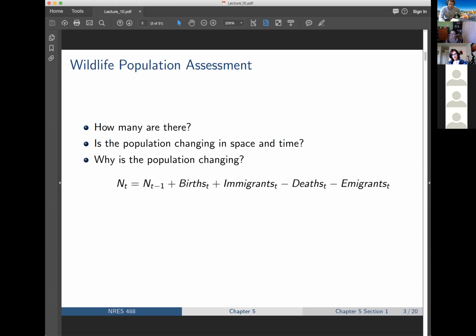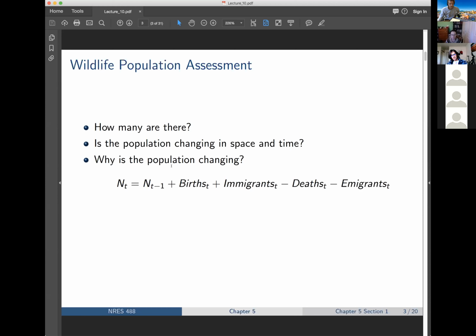Why is the population changing? It's another huge question, because if we know why it's changing, and if it's changing for the worse, we can try and do something about that. And this brings us back to our basic model of population dynamics, where we have our BIDE model, where our population at time t equals the population at time t minus 1, plus however many new recruits are added to the population, plus how many animals come from somewhere else, subtracting off how many animals died that year and how many animals left to go somewhere else.